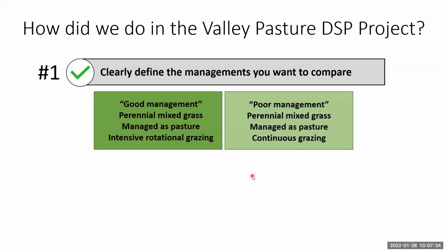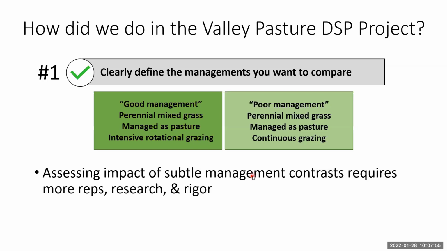Alexandra painted this picture of, hey, I want to have pastures that are managed intensively, that have good management. You think about NRCS practices, prescribed grazing, that type of system versus one that has poor management, continuous grazing, overgrazing. She did clearly define what she wanted. So we felt like this was a success. But like we said, the more subtle the management contrast, the more rigor it's going to require.